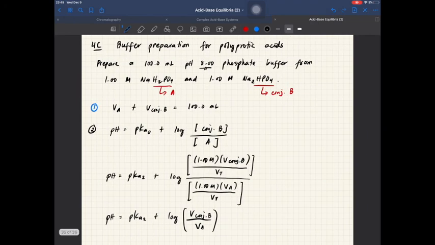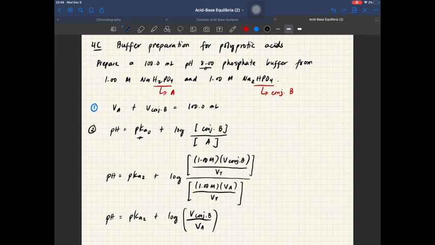So we pick those two species and identify which is the conjugate base and which is the weak acid. From this problem, the volume of the acid plus the volume of the conjugate base is equal to 100 ml. Since we are using the second ionization, we plug the pKa2 value into the Henderson-Hasselbalch equation.